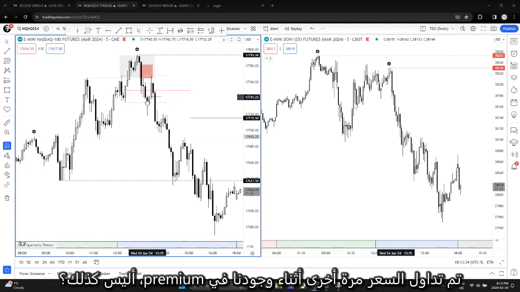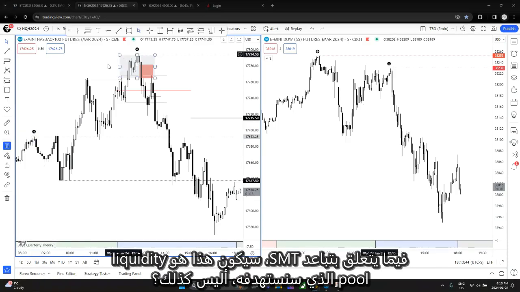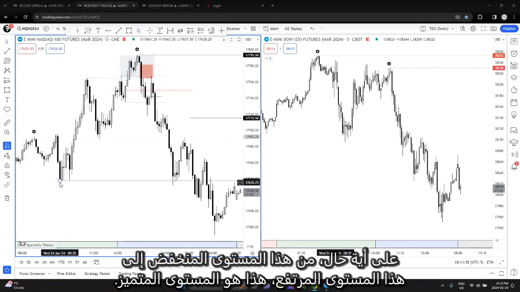Price traded back up while we're in premium, right? So the low which formed after this lower high in regards to the SMT divergence, this would be the liquidity pool that we'll be aiming for, right? Which I even showed you guys my execution this morning, and a lot of you guys shorted above here.